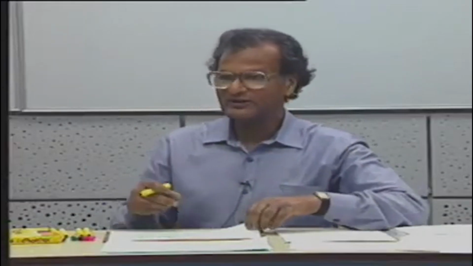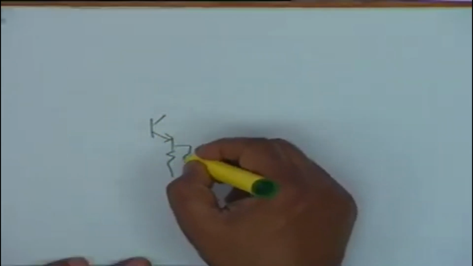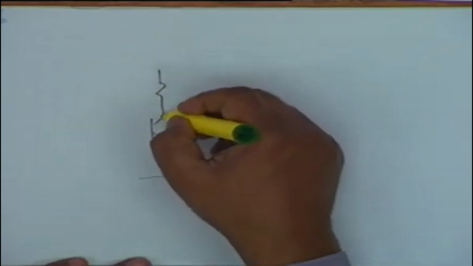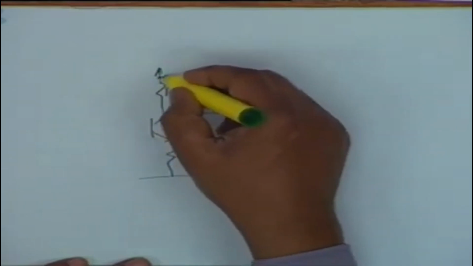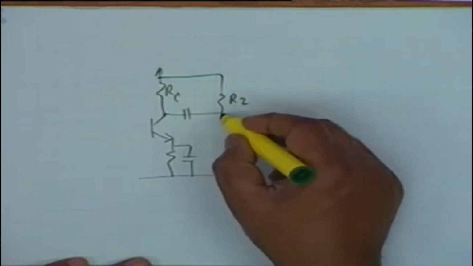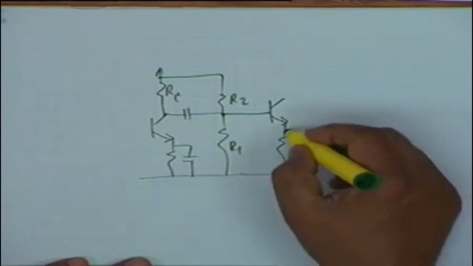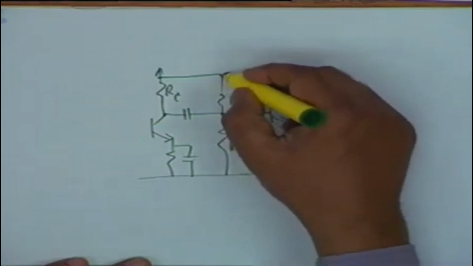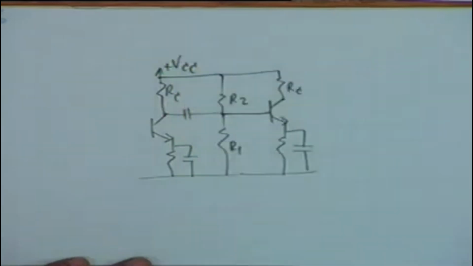Now I showed you an op amp circuit. What about a BJT? Obviously if you use a BJT, you cannot do it in a single stage. You shall require a 2-stage CE amplifier, and therefore you will require something like this: R sub C, C, R2, R1, second BJT, RE CE combination, and R sub C here plus VCC.